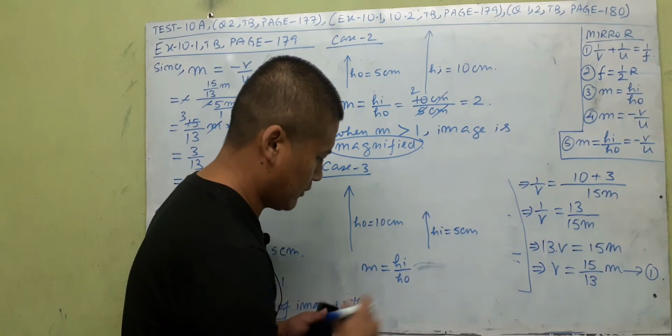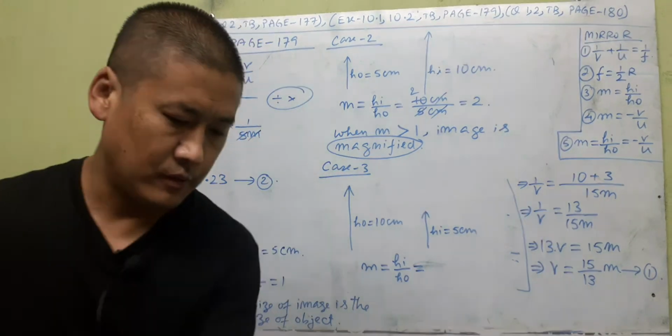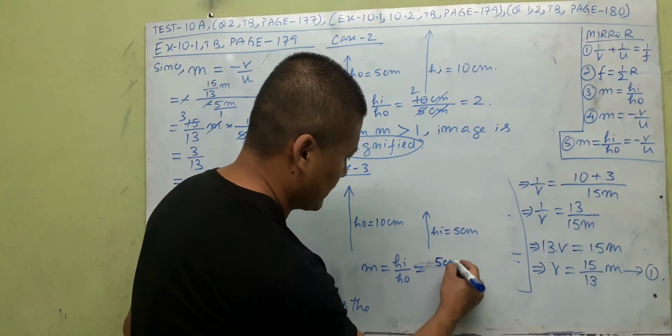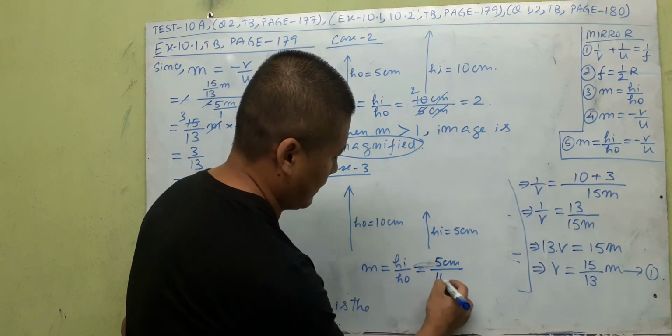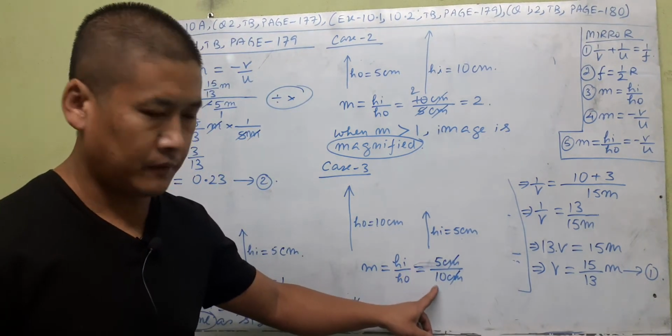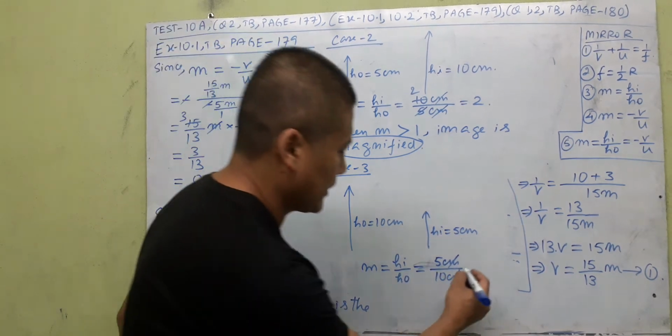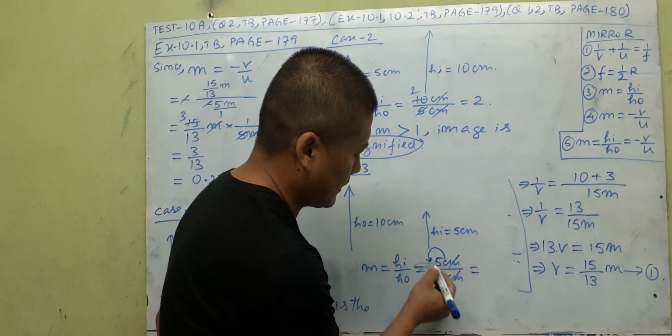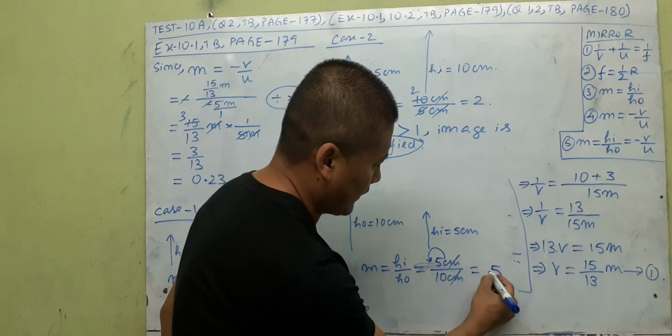So how much will this be equal to? That will be equal to, HI is here 5 centimeter divided by 10 centimeter. So we cancel centimeter, centimeter. We didn't cancel 5 2 because 10 is very easy to divide. So you'll get here, divided by 10 means decimal shift to the left side of 5.